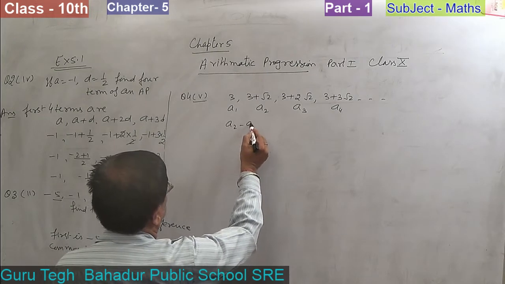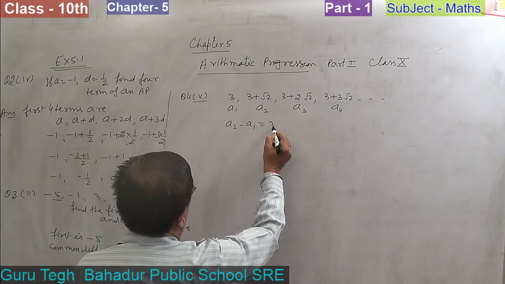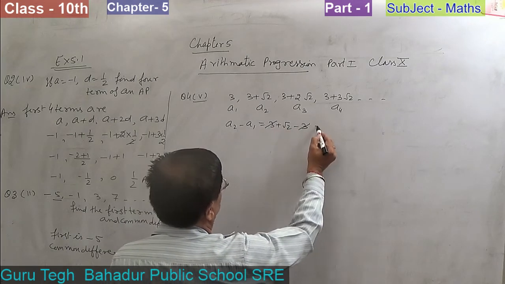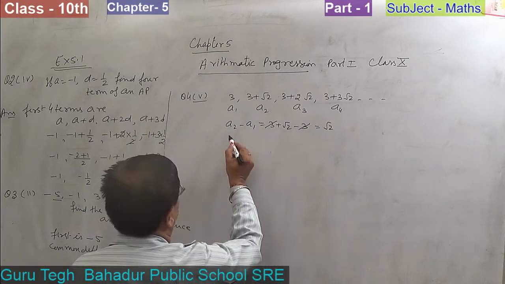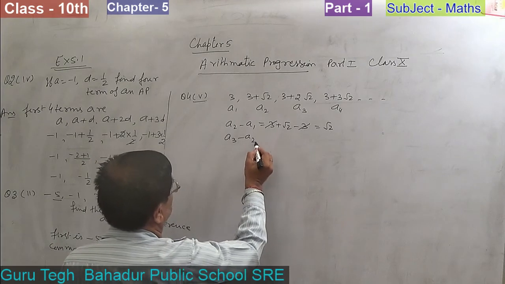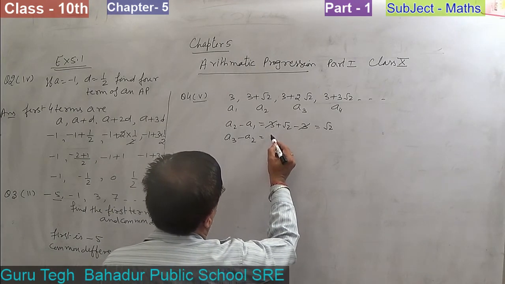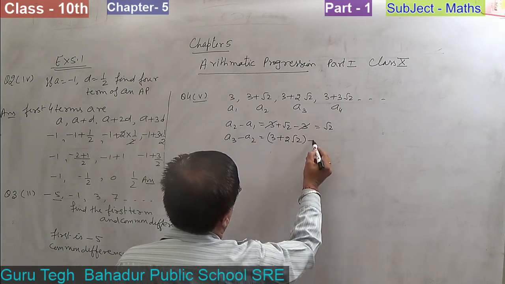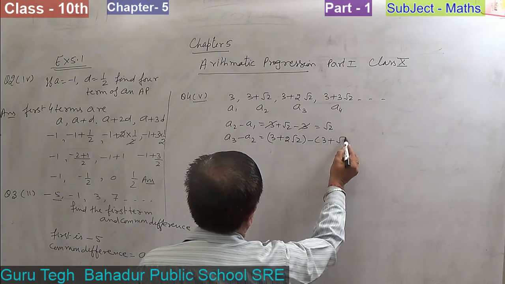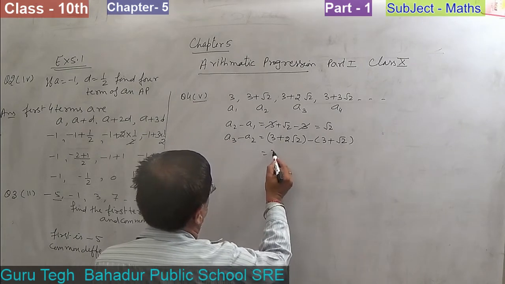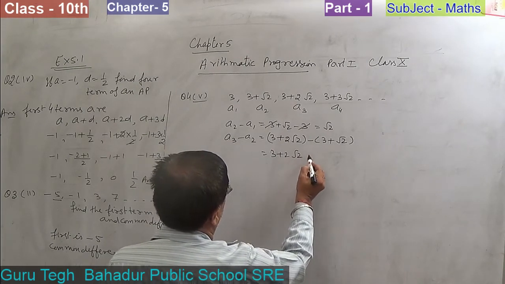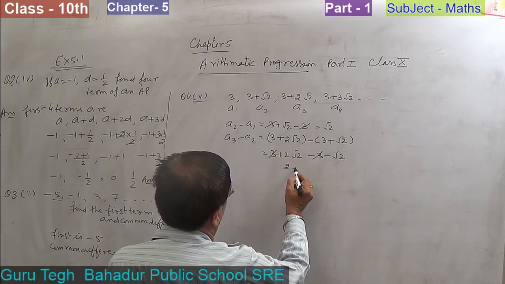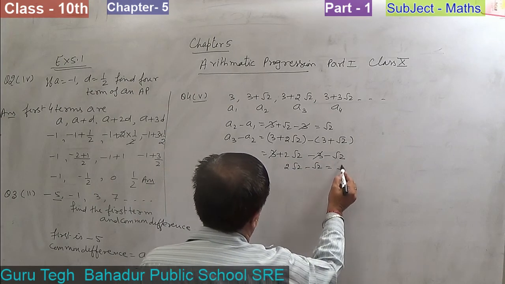Find second term minus first term: 3 plus 2 root 2 minus 3 minus root 2, that is equal to root 2. Find a3 minus a2: 3 plus 3 root 2 minus 3 minus 2 root 2, that is root 2.